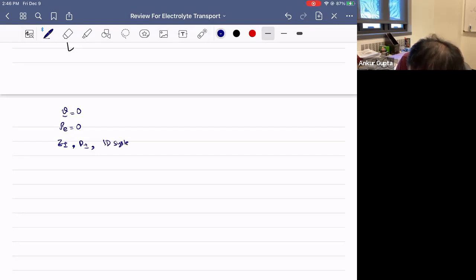In that case, you can transform all the equations written above and show that they will simply become del C plus by del t is equal to D effective del square C plus minus by del x square.